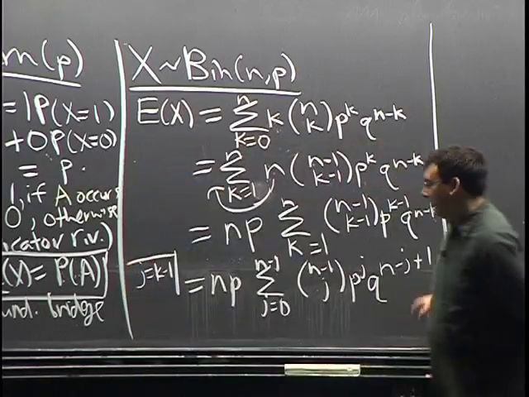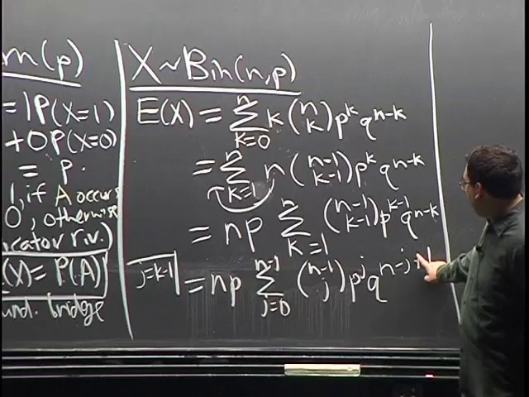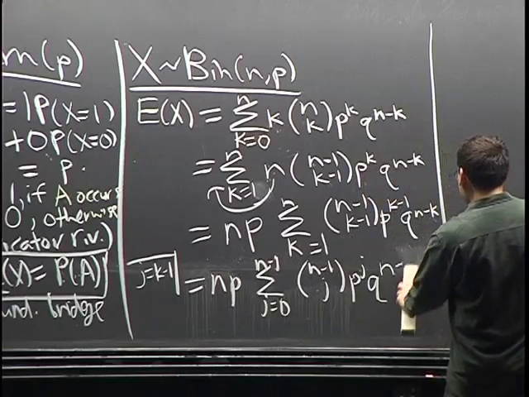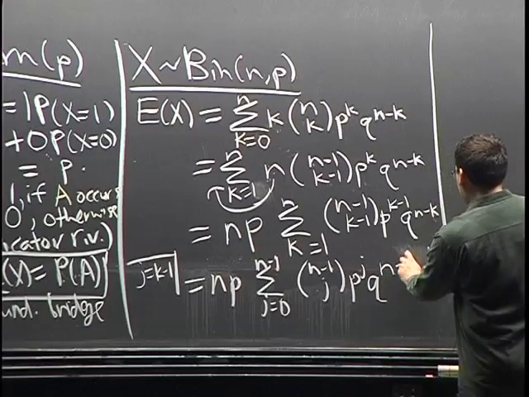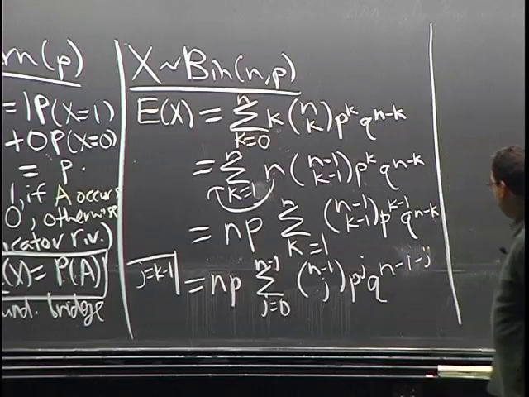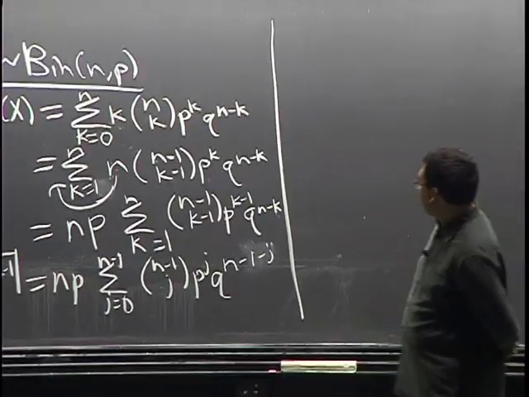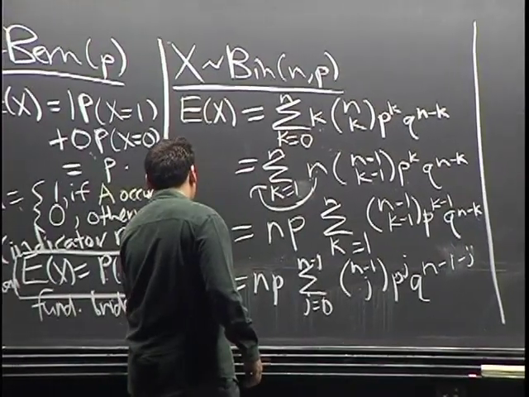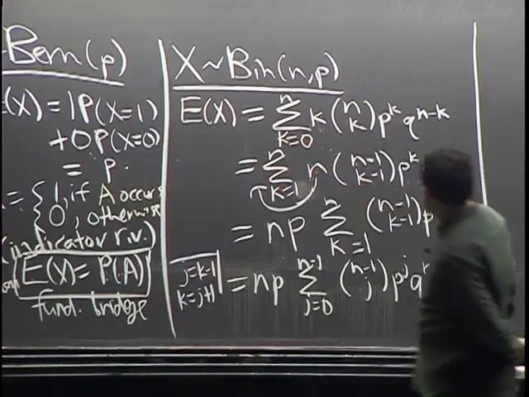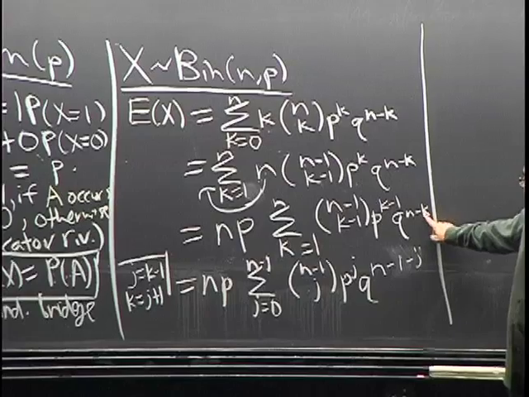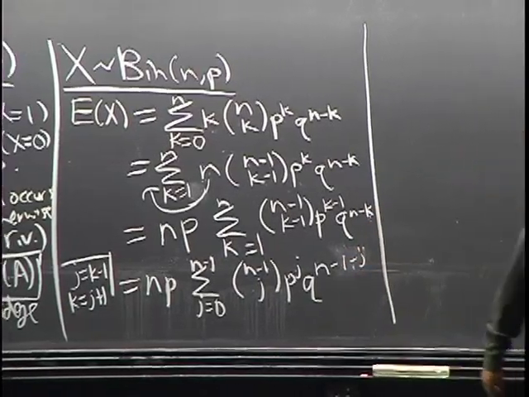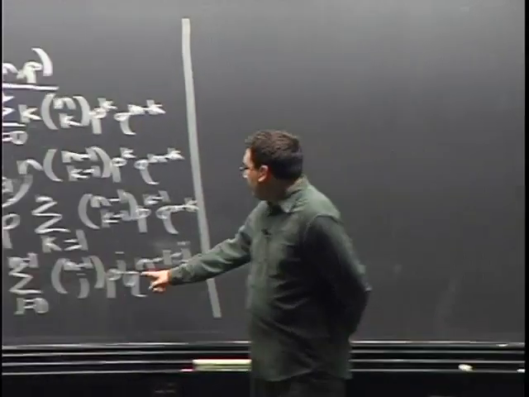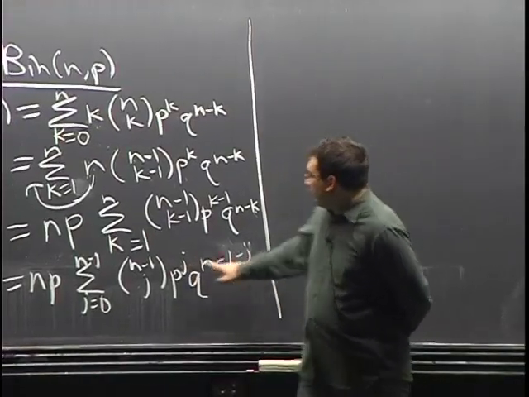It should be n minus 1 minus j. Like that? So j is k minus 1, so k is j plus 1, right? So they're both minuses, okay? Now this looks better because if we add up j and n minus 1 minus j, we get n minus 1.